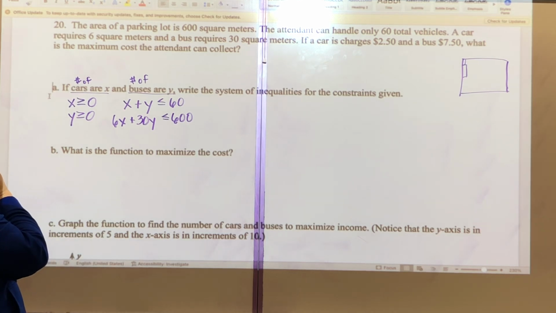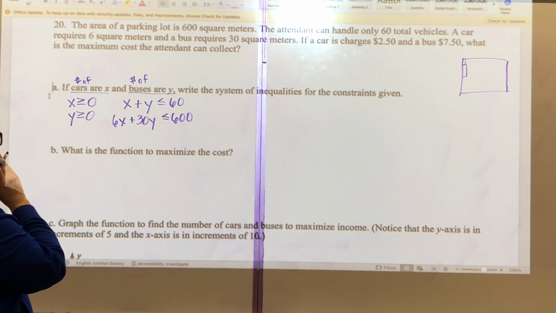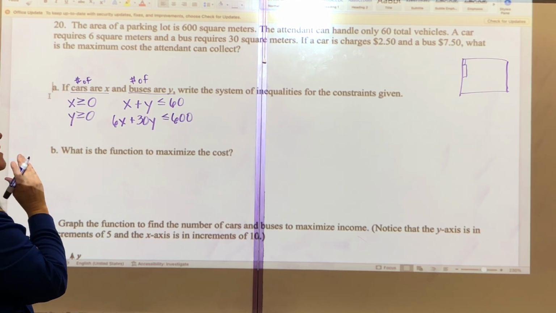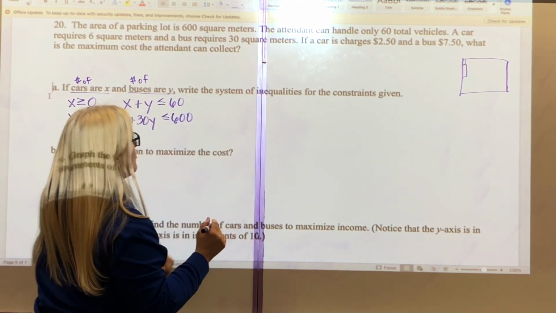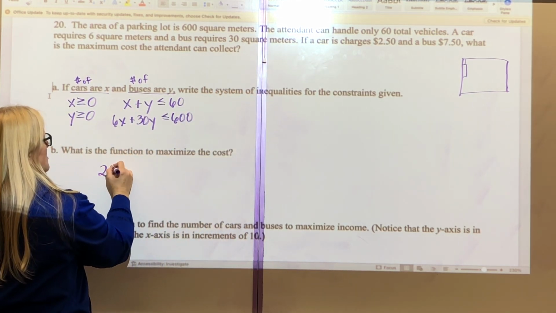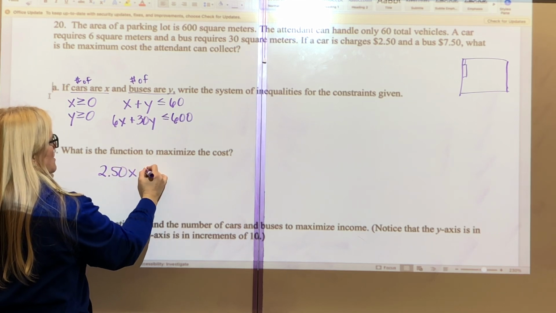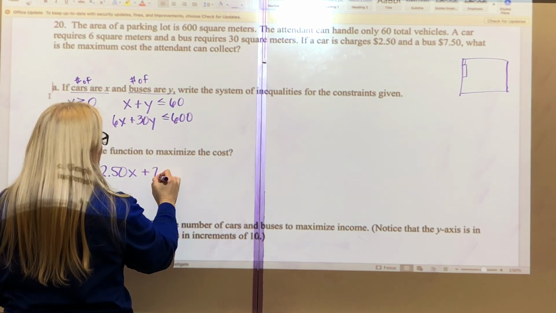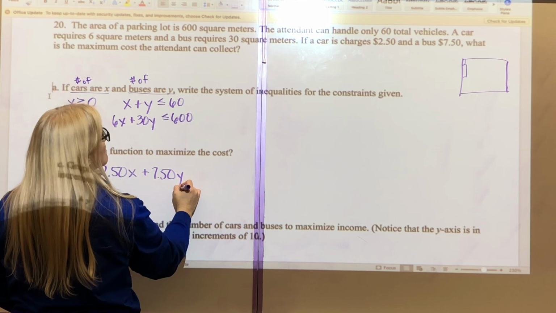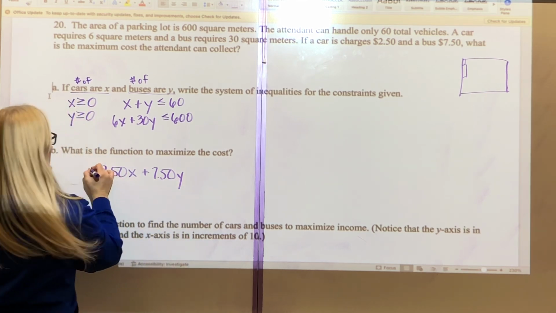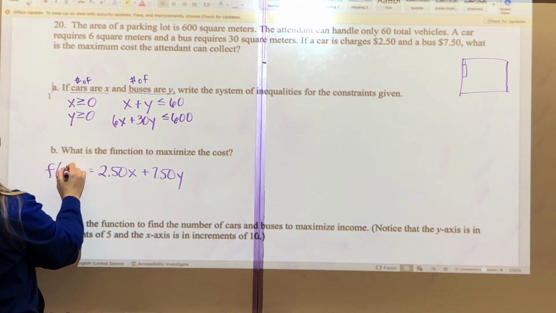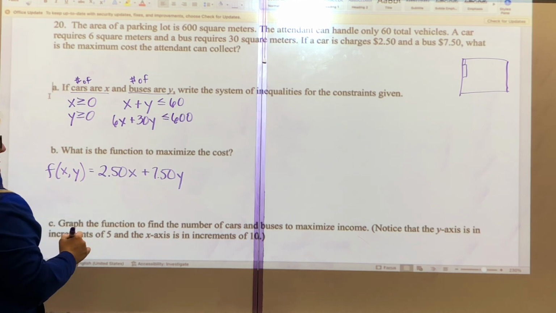So I've got that. What is the function to maximize the cost? A car is 250, so that's 250x plus 750y for a bus, and we're going to see what that ends up equaling.